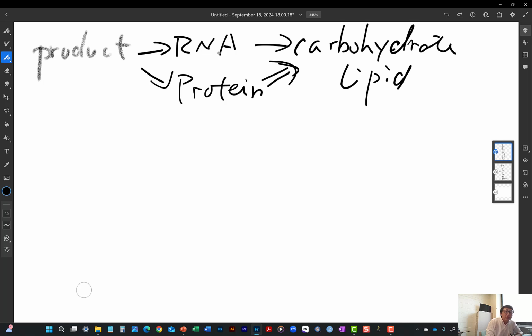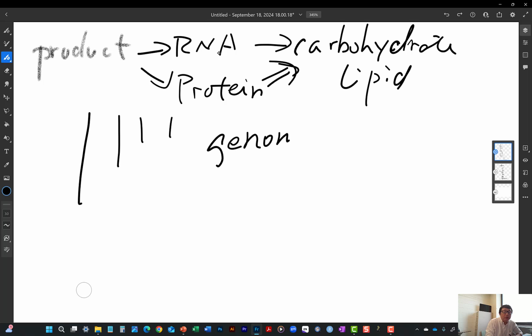And also, in the whole genome, a genome is the last topic, but let's talk about it in advance. A genome means all the DNA, all the different chromosomes in the human body, plus mitochondrial DNA. So the whole set of DNA in a human cell, we call it a genome.